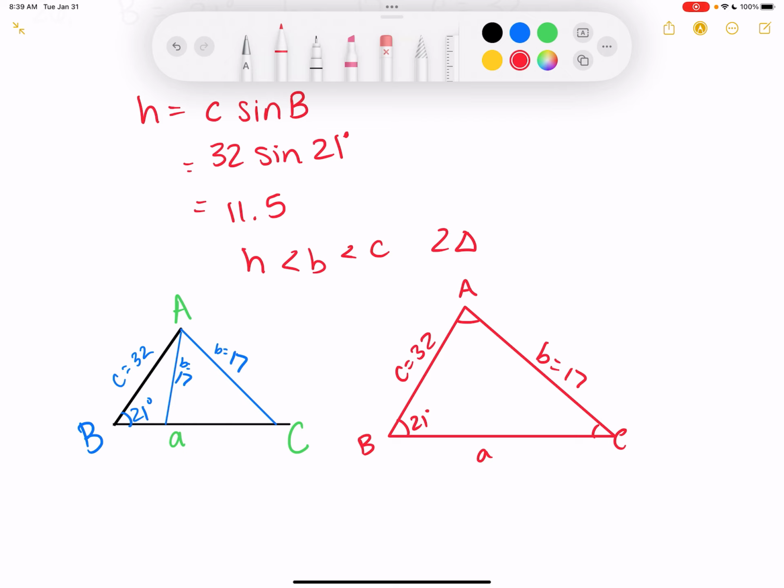Then I'm going to have another triangle that's much skinnier. Intended to look like a right triangle, but it doesn't really matter. This is a struggle. Y'all saw that too, right? It just disappeared.